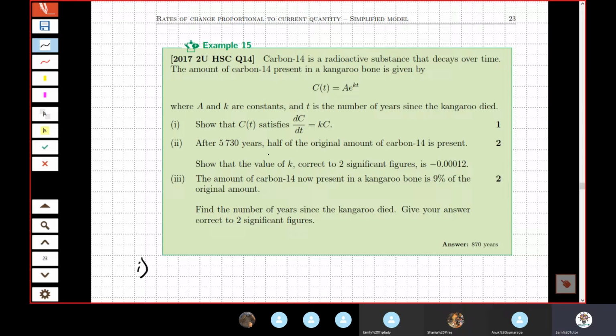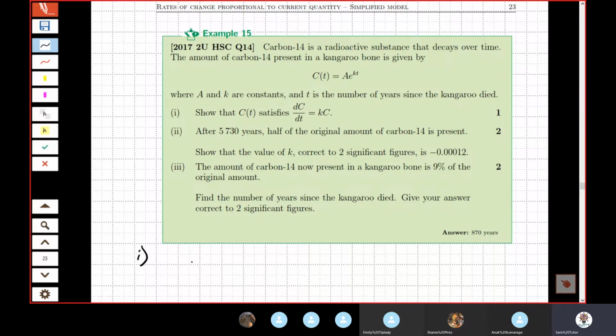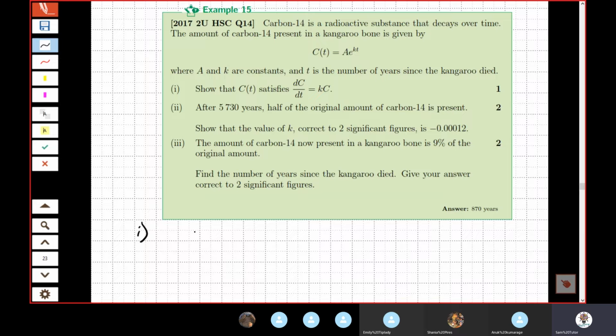How do I do that? What do we do for this? Show that C(t) satisfies dC/dt = kC. Novak, what would you do? Show that this satisfies that. So you know that... what is C equal to?